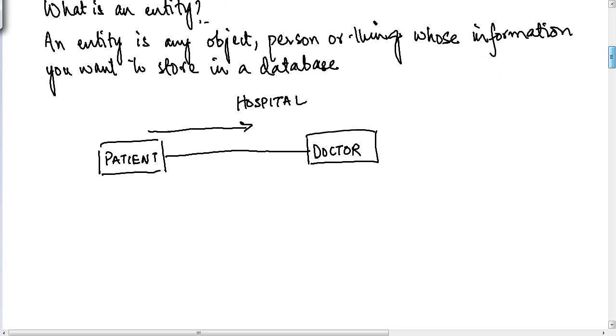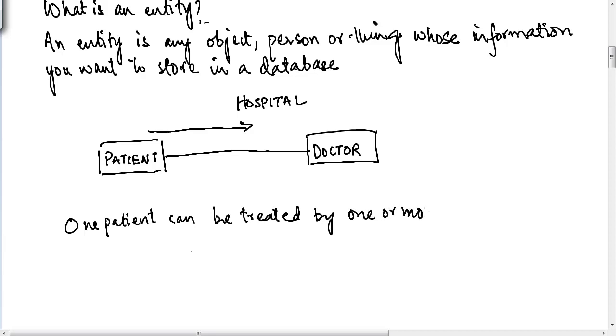We can say that one patient can be treated by one or more doctors.